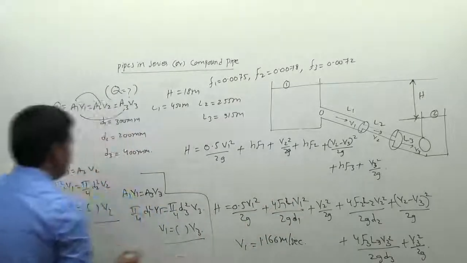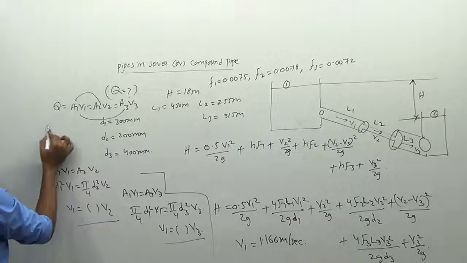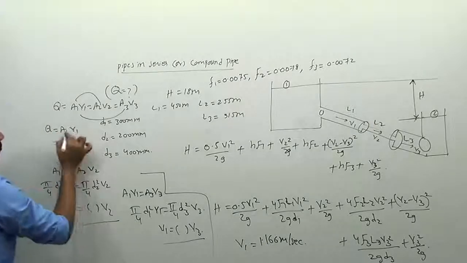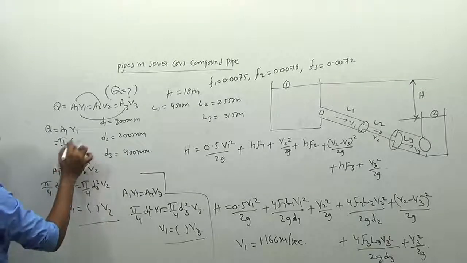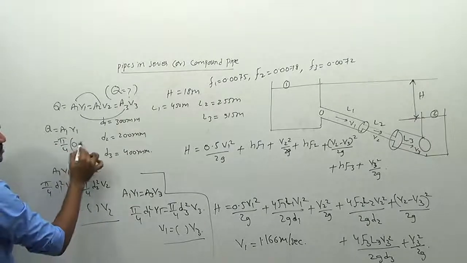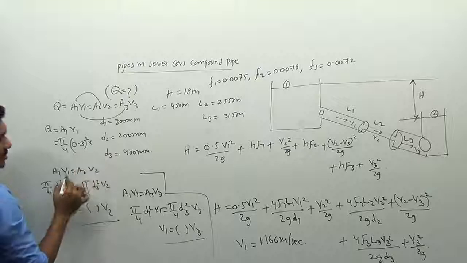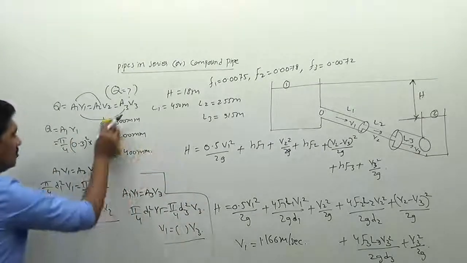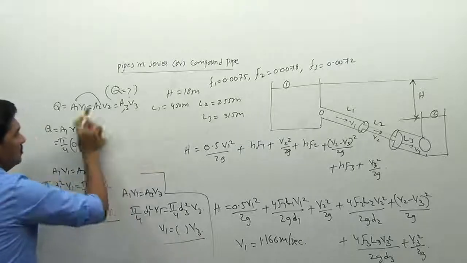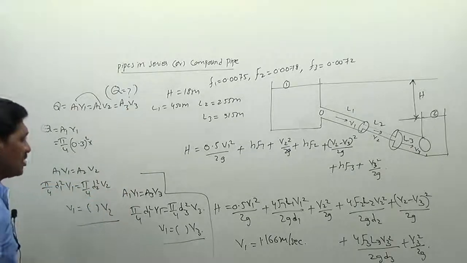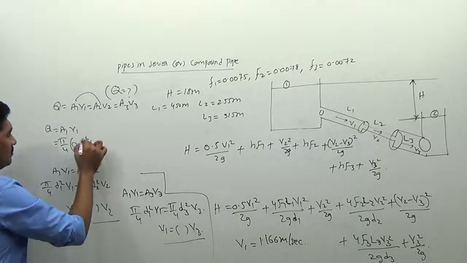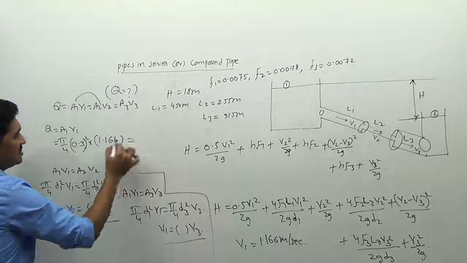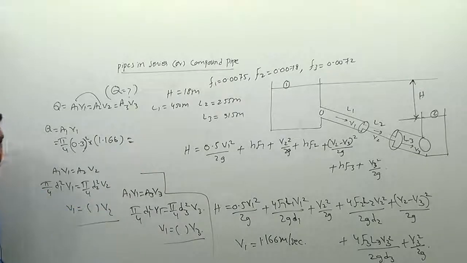After doing this, you can use the relation Q is equal to A1 V1, which is equal to pi by 4 into D1 square, so 0.3 whole square, into V1. The value of V1 is 1.166.